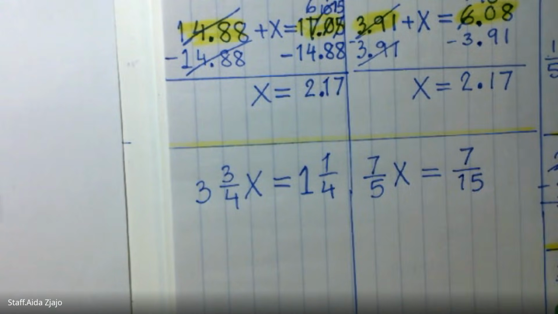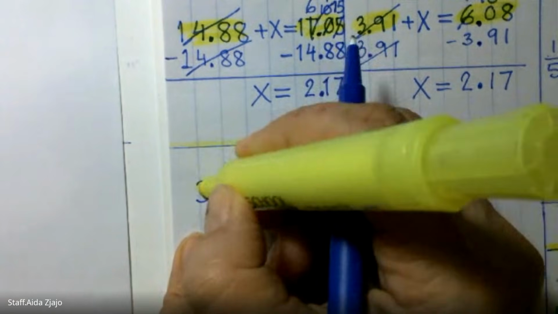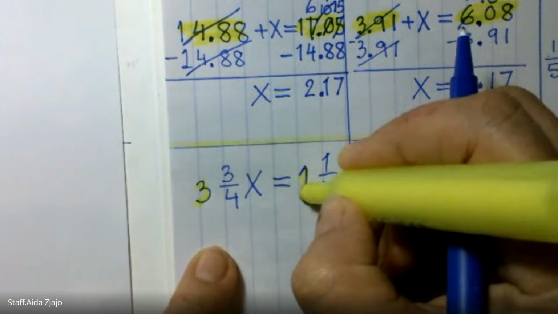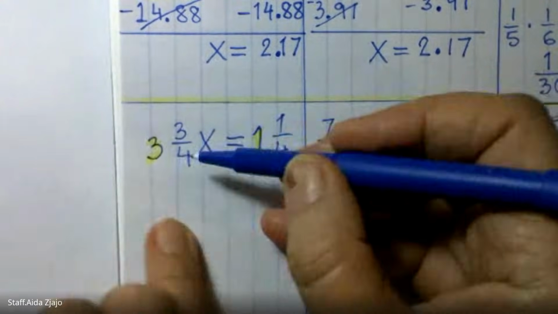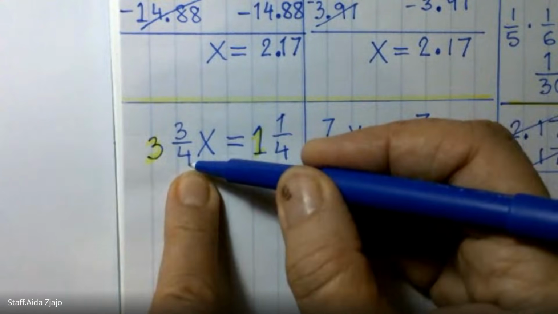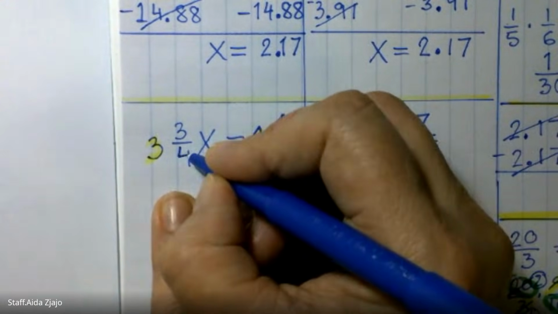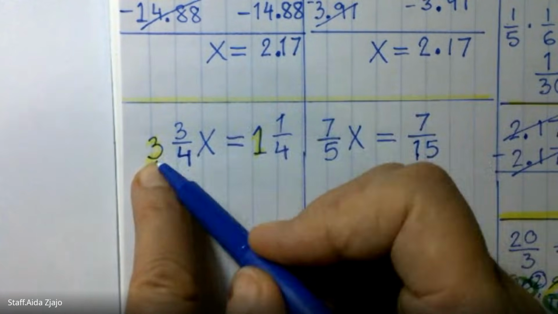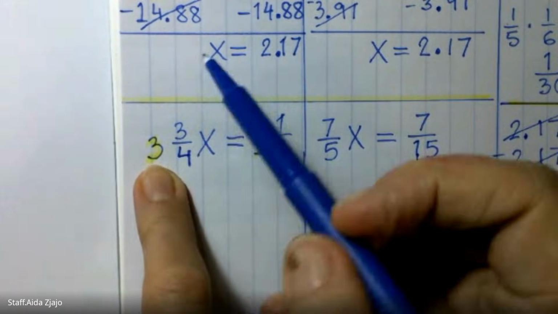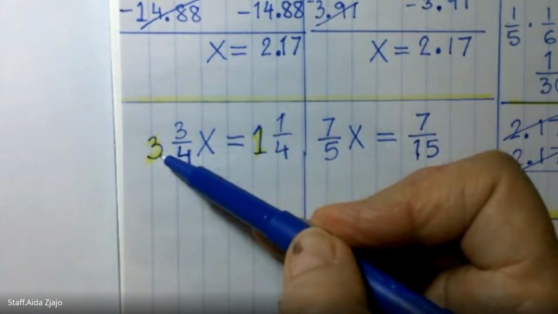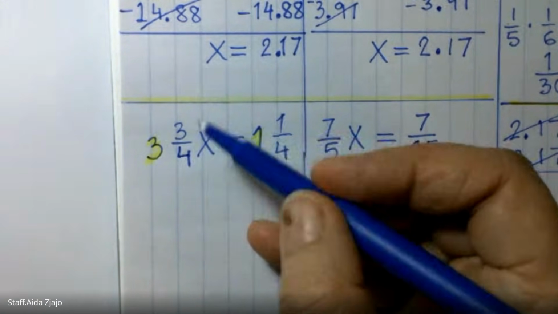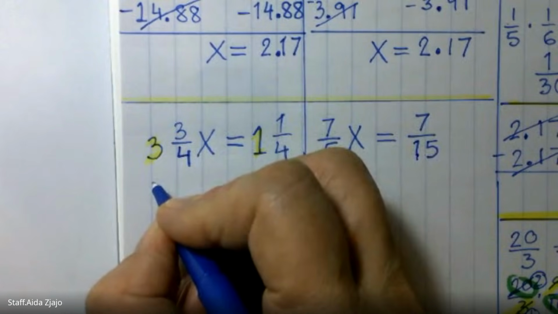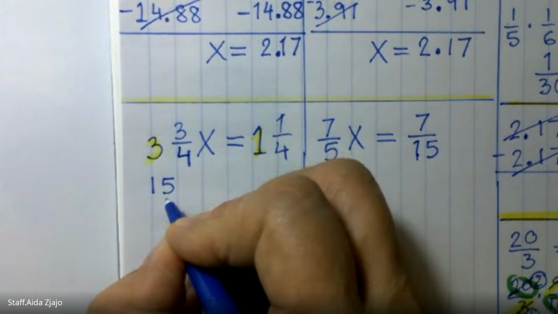So in this case, we have whole numbers, and the strategy to make it easier, the best way is to change the wholes into the parts. So these are fourths. If I think about 3 wholes, 3 times 4 is 12. I have 12 fourths in 3 wholes. 12 fourths plus 3 fourths is 15 fourths.